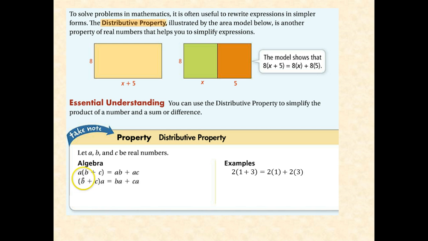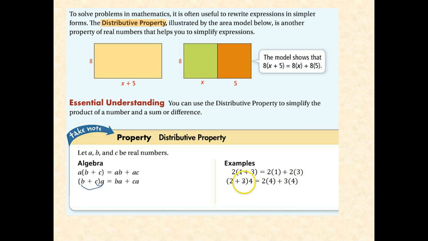So how about, what if it's a sum, then times a number? Well, kind of the same thing. B times A, C times A. So does it work though? 2 plus 3 times 4 would be 2 times 4 plus 3 times 4?